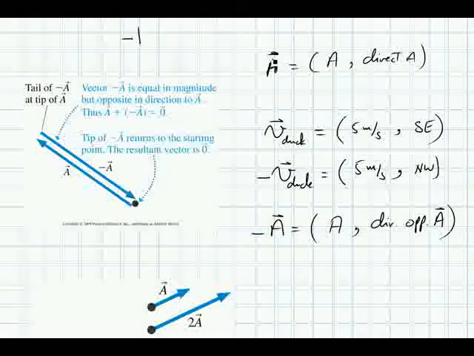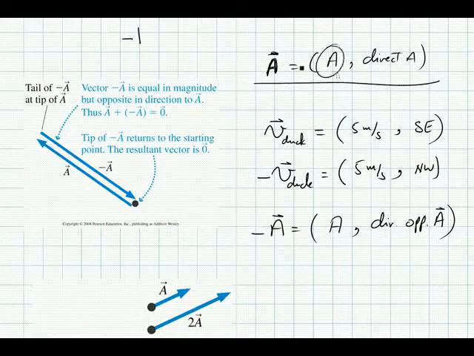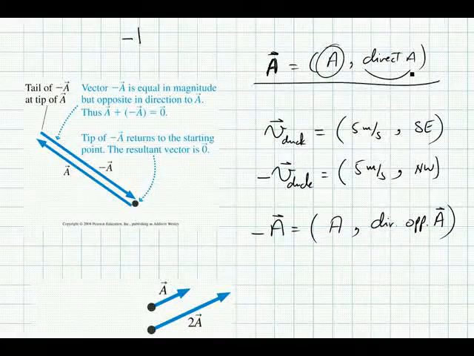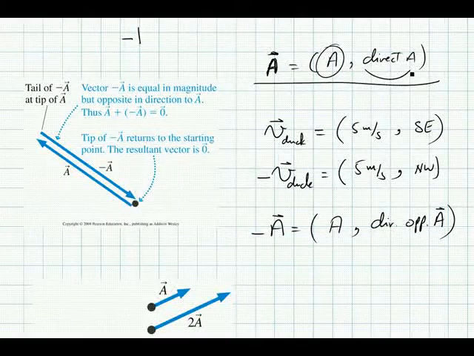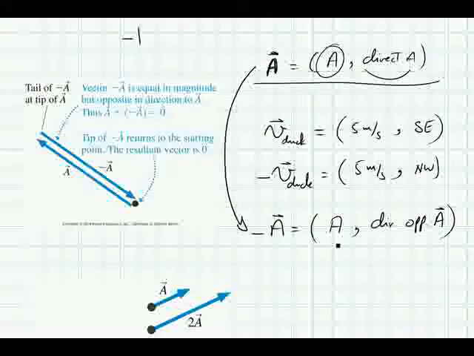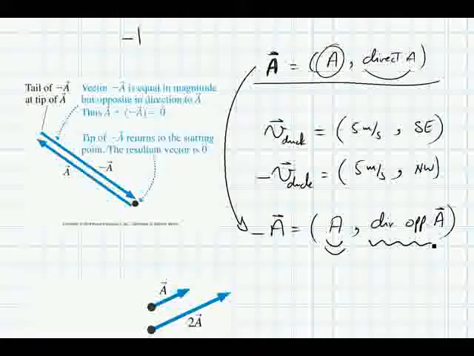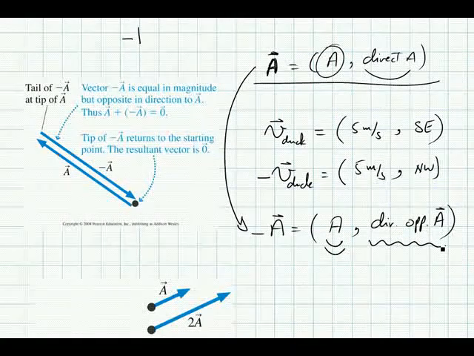So here we have vector a, which is described by some magnitude a and the direction of a. And if we were to write down minus a, it would still have the same magnitude a, but its direction would be opposite to that of a.